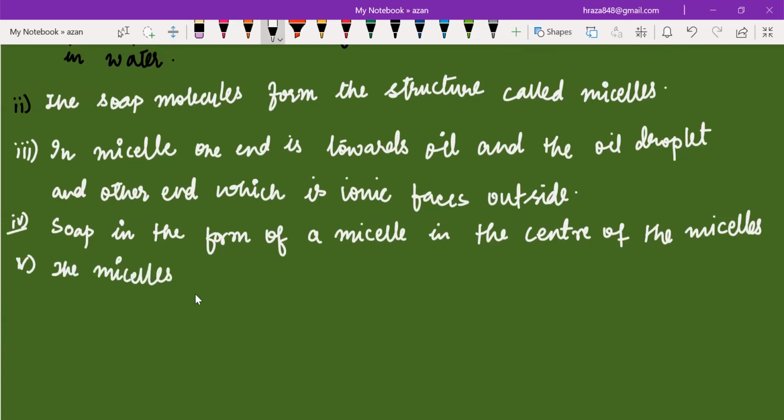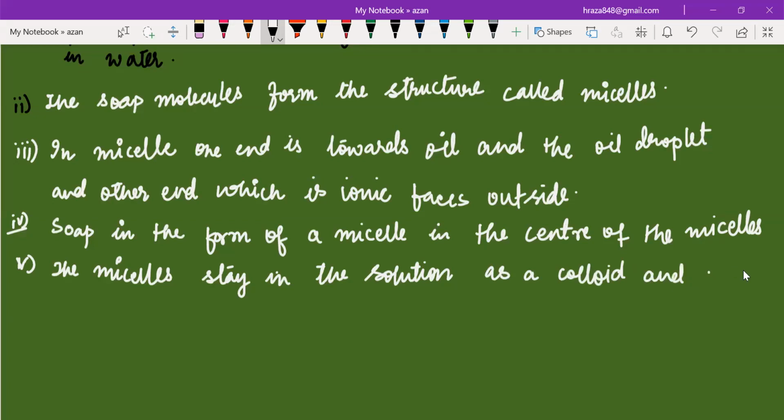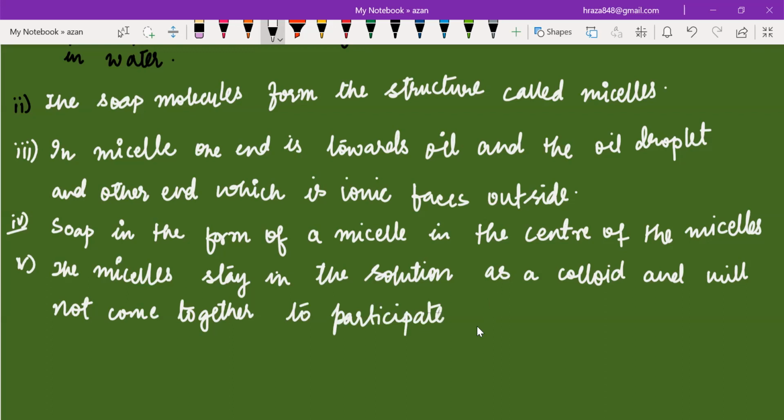The micelles stay in the solution as a colloid and will not come together to precipitate due to ion-ion repulsion.